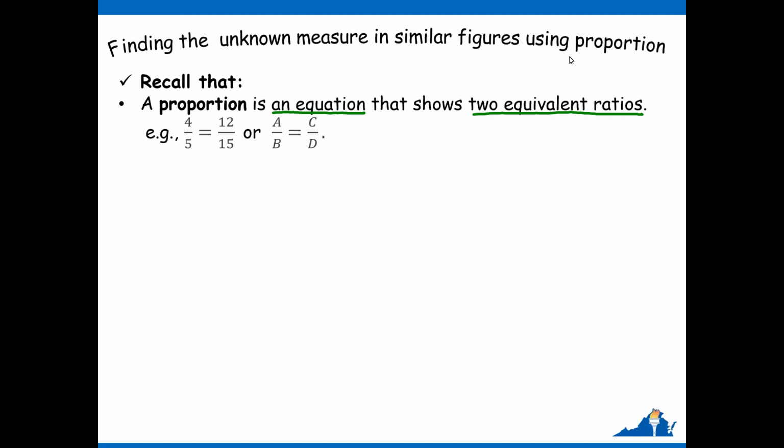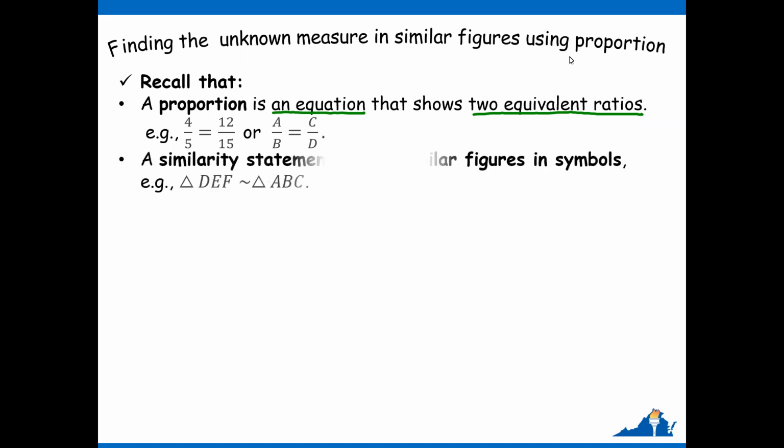Just note that a proportion is when you equate two or more ratios or two or more fractions.